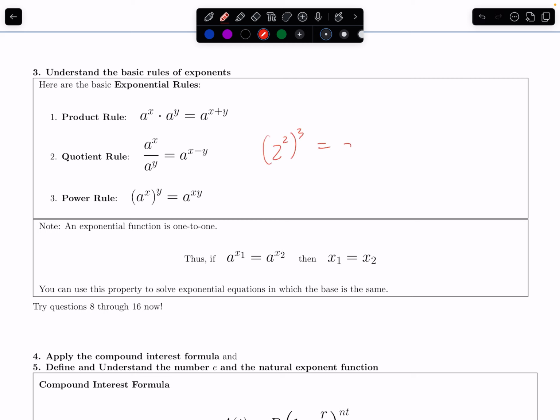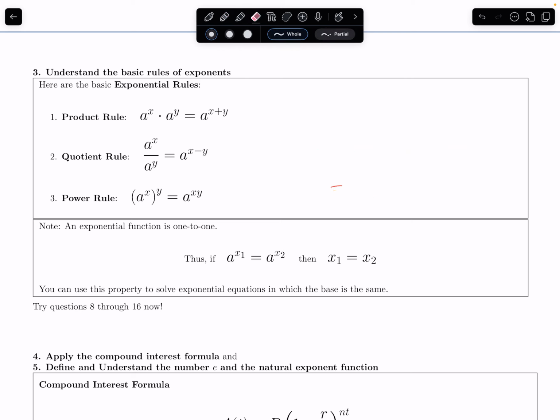What does that mean? 2 to the second is 2 times 2. And to the third power means multiply that 3 times. So what do I get? I have 2 times 2, another 2 times 2, another 2 times 2. So I have 3 sets of 2, which is 6, right? 2 to the 6. I get 6 2s. How do I get that? I just multiply the exponents. 2 times 3. 3 sets of 2 is 2 times 3. So that's the power rule in essence.